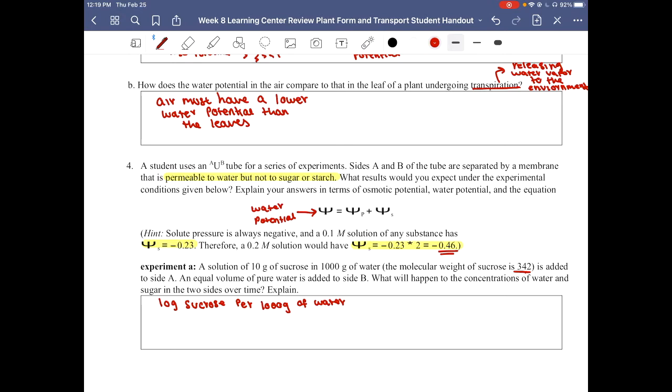So in order to get moles, we take the 10 grams and divide it by 342 grams per mole, and that cancels the grams. So we're going to get 0.03 moles of sucrose, and it's still per 1,000 grams of water.